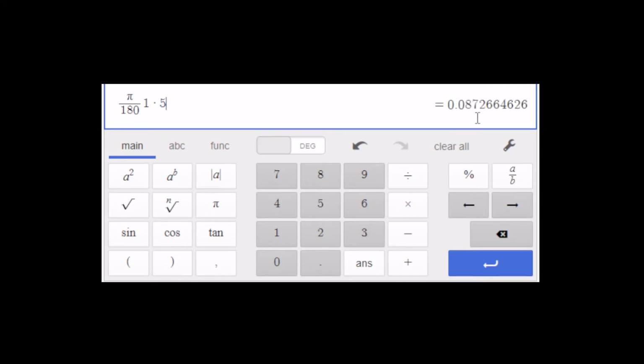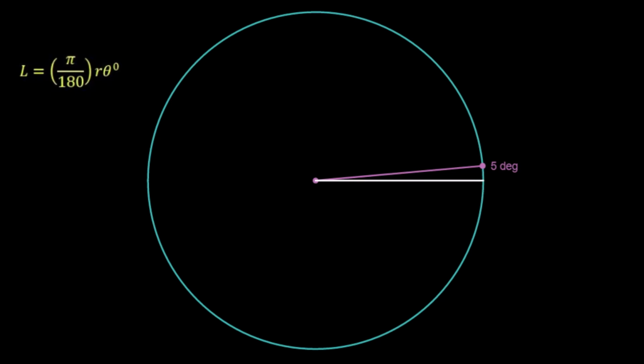This will give us an arc length of 0.087266. So this is the value for the arc length in this instance.